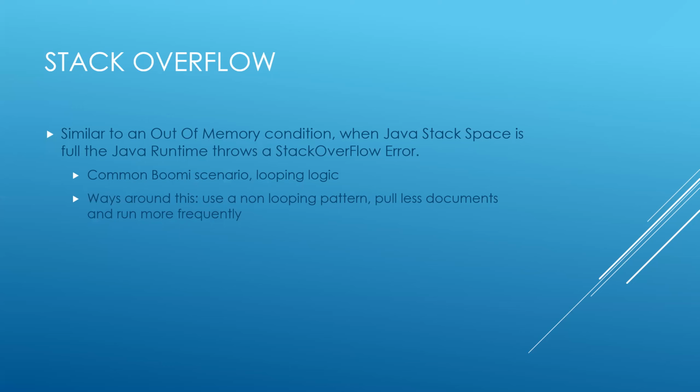Usually, as I show right here, it's due to some sort of looping logic. So if you see this error, look for a loop or any sort of looping-based logic in an integration process. Chances are that method is never getting cleared because it keeps looping on itself or on that specific connection. So all those variables, all those references are going up, and it's increasing the stack space to the point where it throws a stack overflow error.